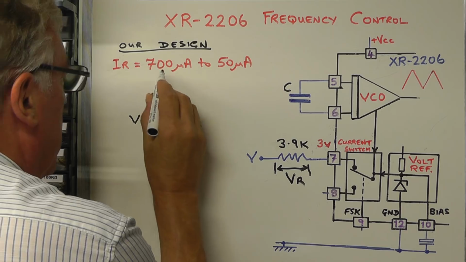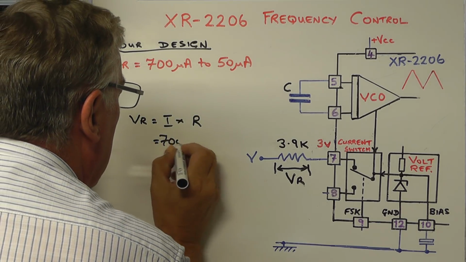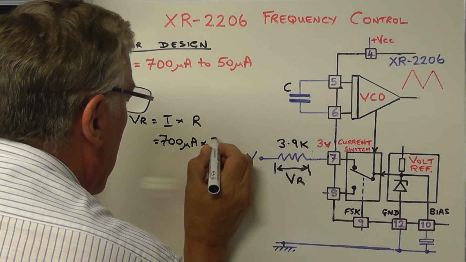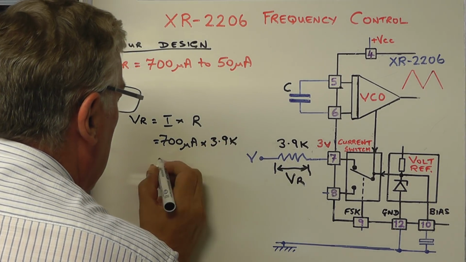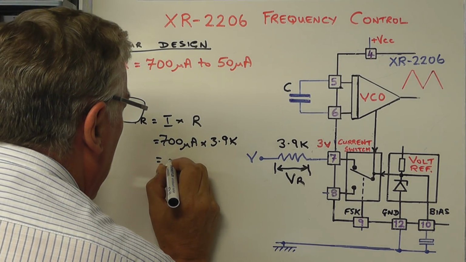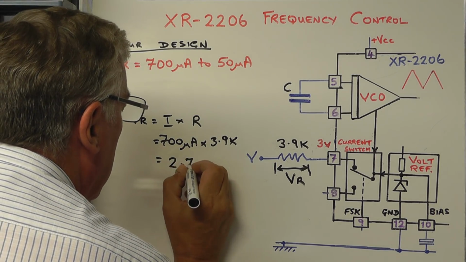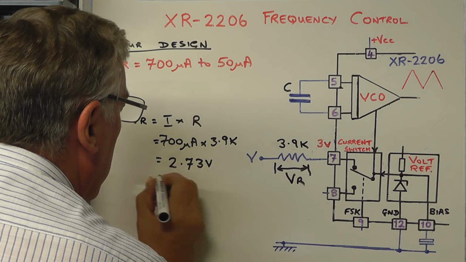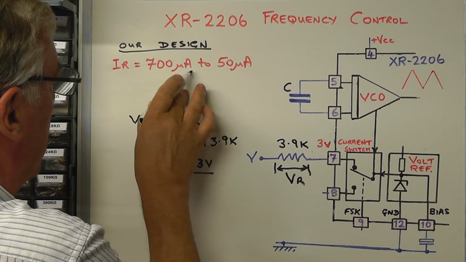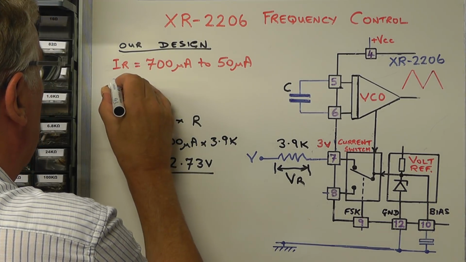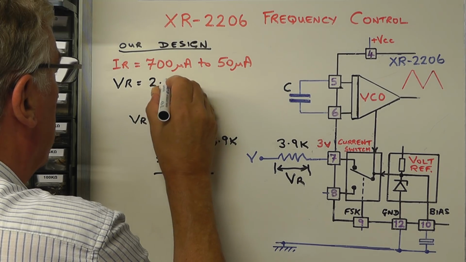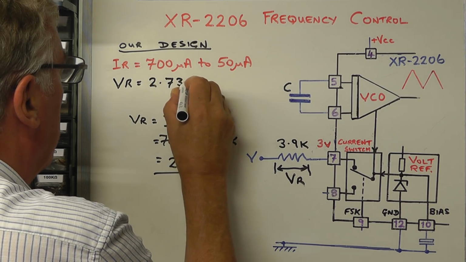We know the current initially there is 700 microamps, and we know the resistance is fixed at 3.9k, and if we do that calculation, it'll give us a voltage drop across the resistor of 2.73 volts. So when the current is 700 microamps, VR is equal to 2.73 volts.